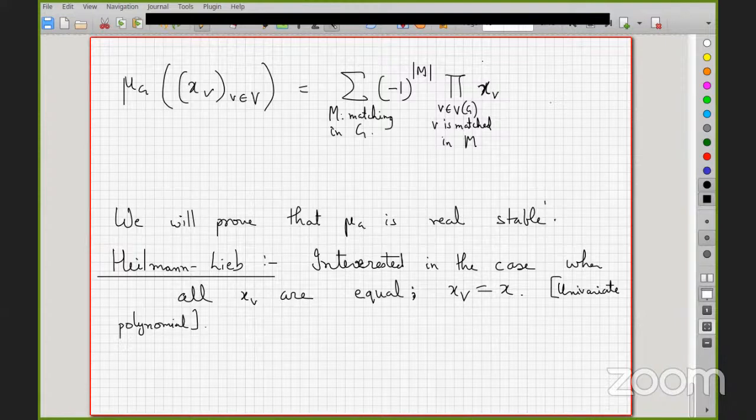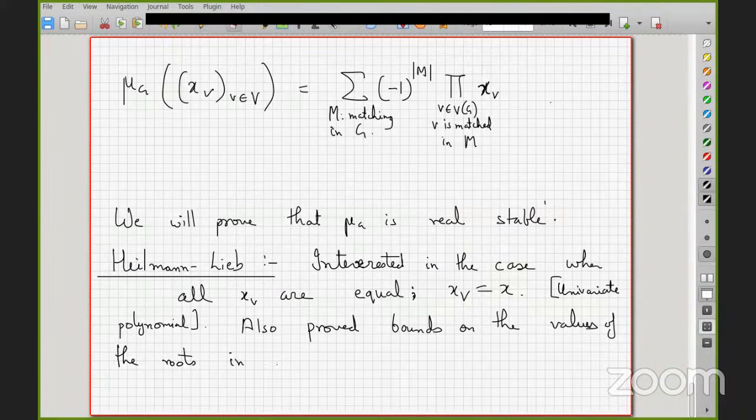They even showed bounds on the location of the roots, in terms of the degree of the graph. Notice that if you prove it is real stable, then in the univariate case it has to be real-rooted, right? And then you know where the roots have to be on this line.